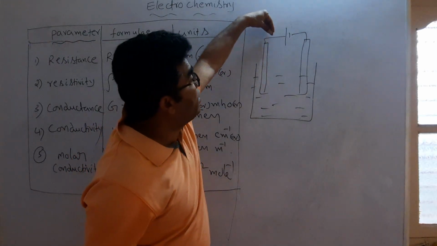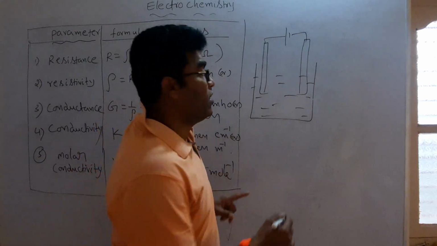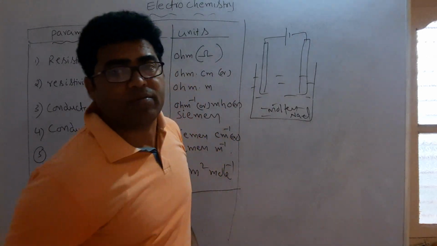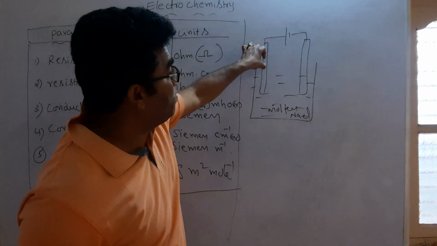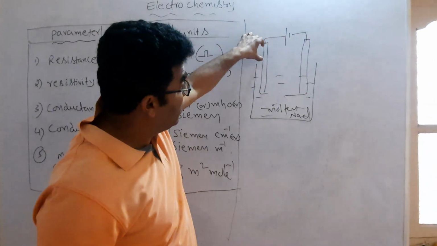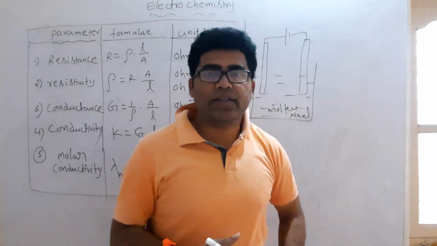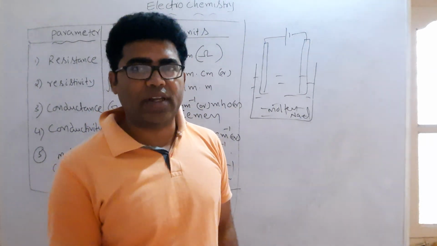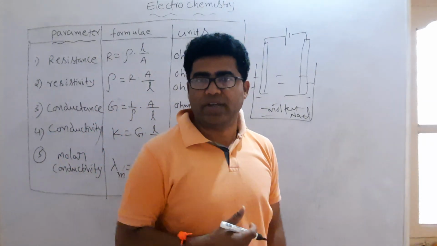This electricity enters the electrolyte, whatever it may be, molten NaCl or anything, through the electrode. What is resistance? The property of a substance to oppose the flow of electricity is called resistance.